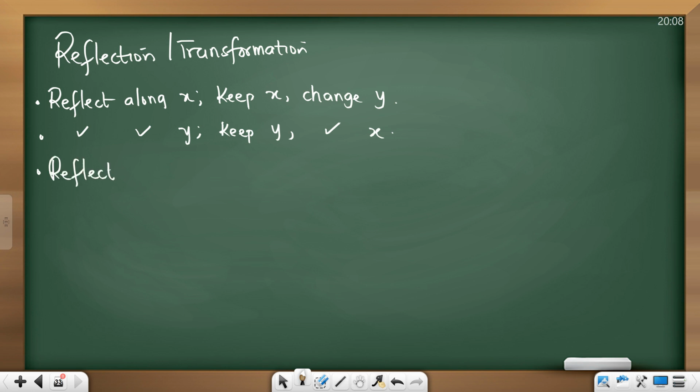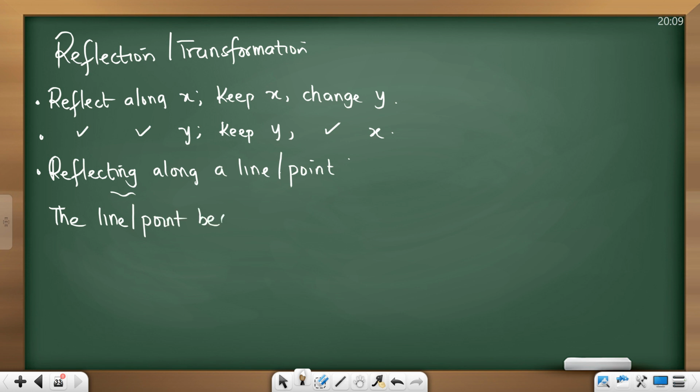Reflecting along a line or a point. Let me use that to guide you on something. Along a line or point, the line becomes the midpoint of the image and its reflection.